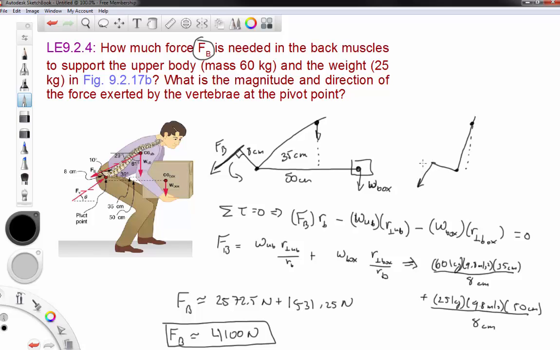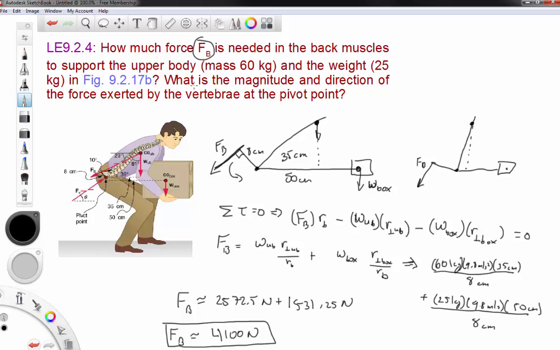The force that the back muscles are exerting is the same perpendicular distance from the pivot point, and the distance out to the box would also be somewhat lessened, and therefore he would have to exert a lot less force from his back muscles in order to lift the box, and hence he'd have a lot less risk of damaging his back in doing this.